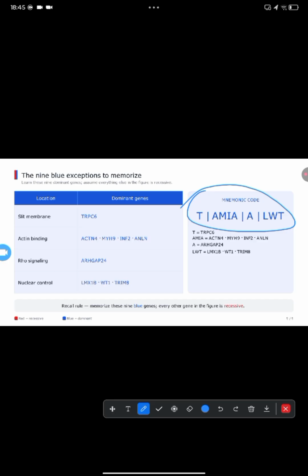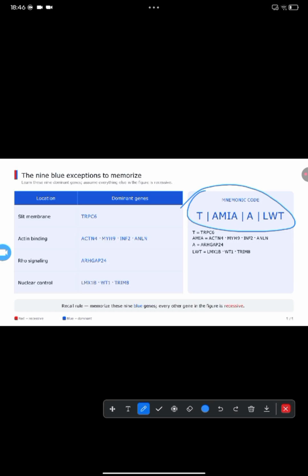T stands for TRPC6. AMIA stands for ACTN4, MYH9, INF2, ANLN, and A for ARHGAP24, and LWT stands for LMX1B, WT1, TRIM8. So memorize these 9 blue genes, and every other gene in the figure is recessive.